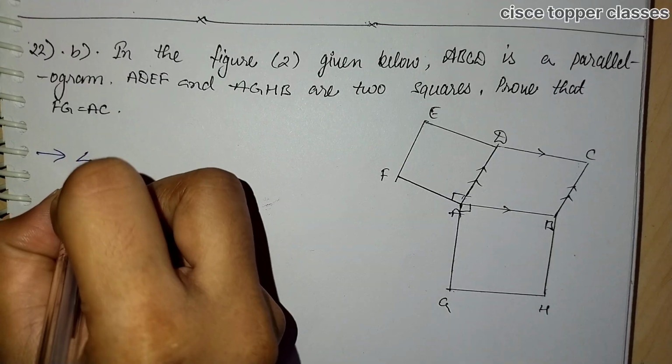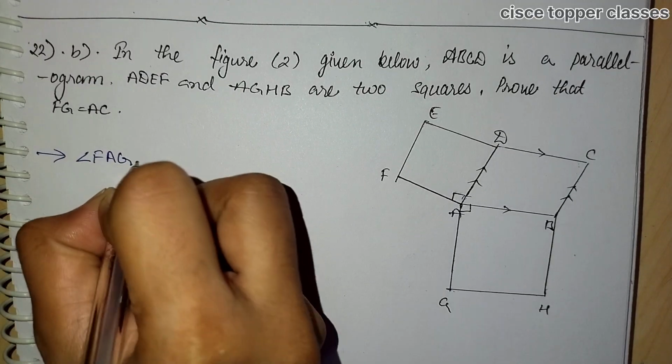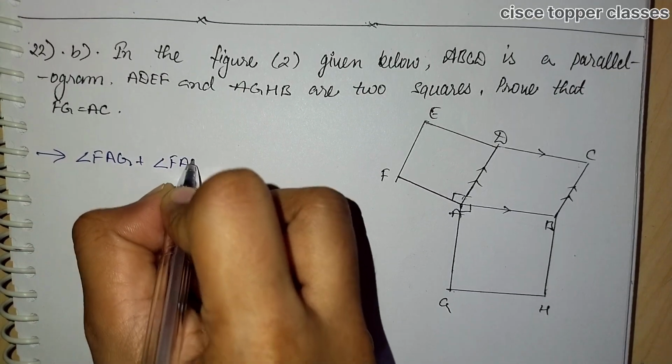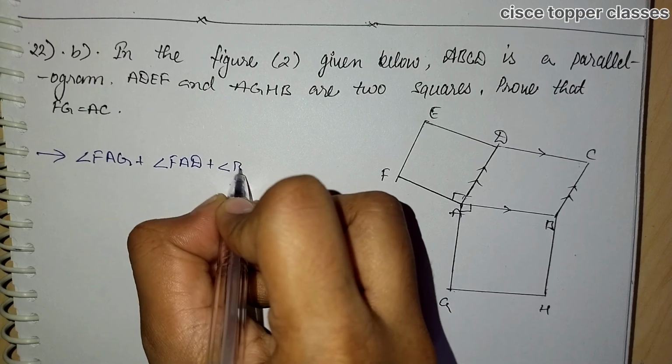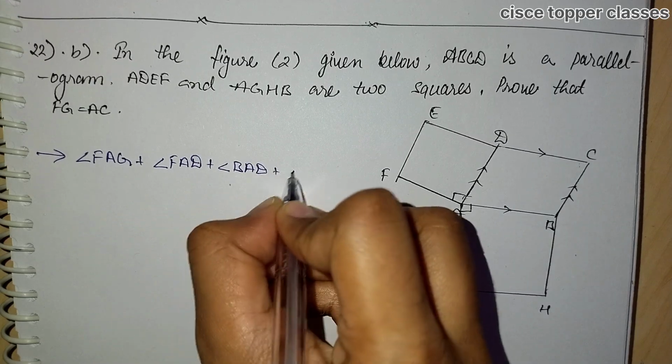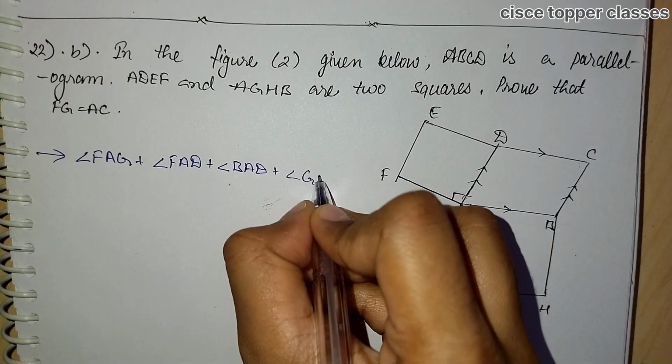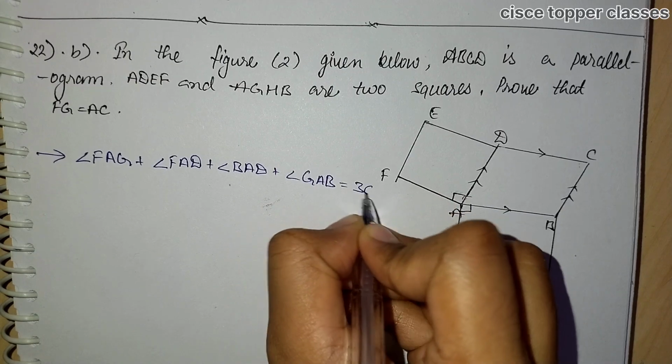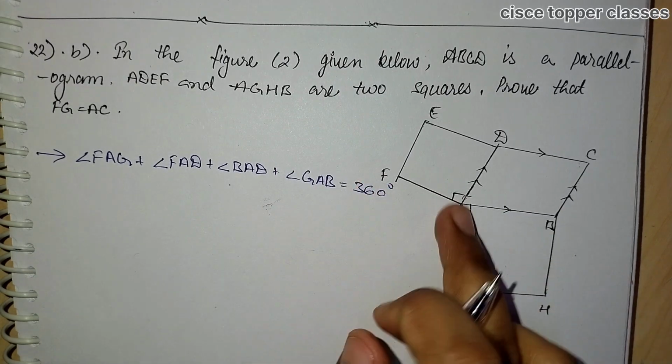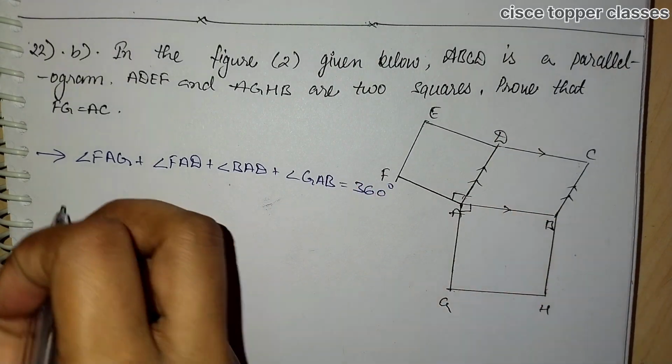we can write angle FAG plus angle FAD plus angle BAD plus angle GAB is equal to 360 degrees, and angle FAD plus angle GAB is 90 degrees.